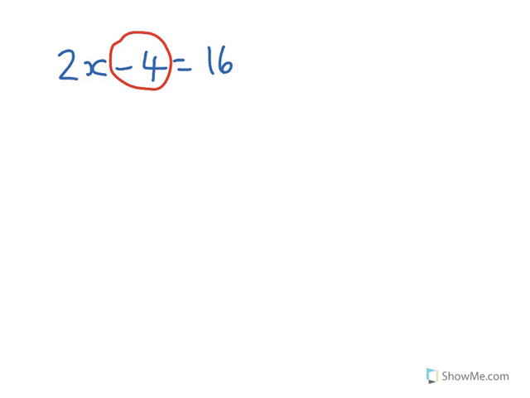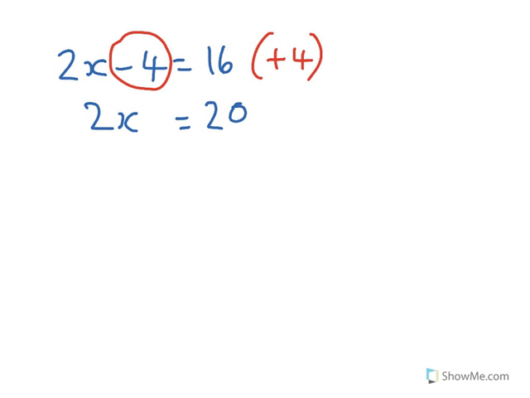So, like before, we're going to do the opposite. So I'm going to add 4 to both sides. That's our first step. So our next line will be 2x. The minus 4 will disappear. And on the right hand side, I need to add 4 again. So 16 add 4 is 20.